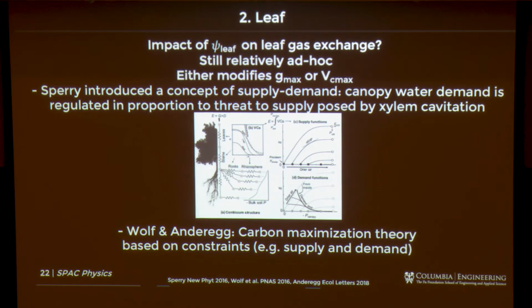But in reality, when you start looking at models, the way people implement that is very, very ad hoc. And they don't even know where they have to put that stress. Some people put that in terms of a regulation of the maximum conductance. Some people put that in terms of Vcmax, so maximum carboxylation. So it's very unclear where that stress is actually occurring in the plant. That's still very much an open debate, I would say, and that's really something we need to address.